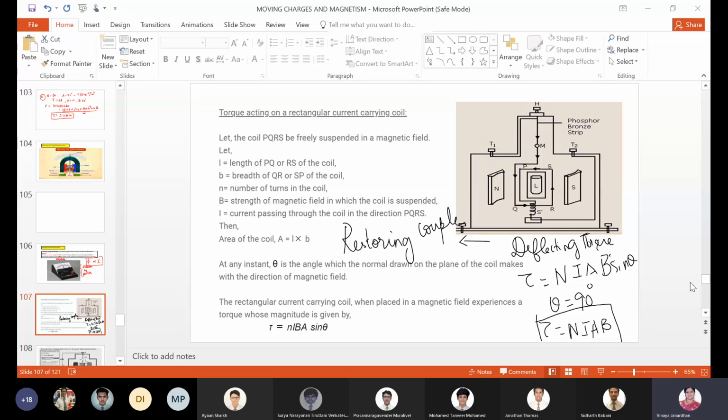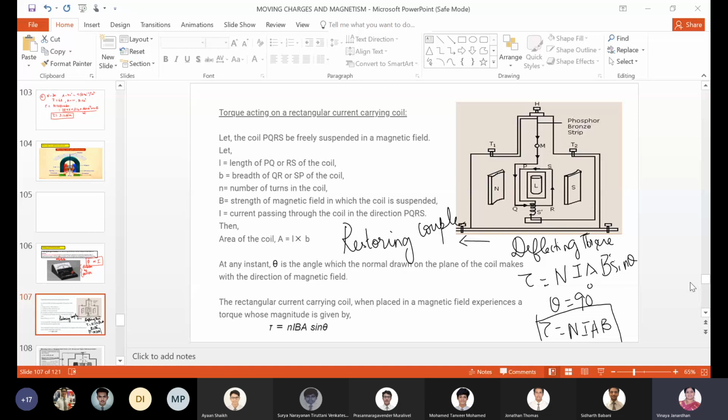Suppose the coil rotates to 30 degrees, and if it keeps rotating, then the pointer will not be fixed at one point. So there should be a counter torque to that extent, so that the pointer stays at its place. That is what we call the restoring torque, and it is provided by the springs.